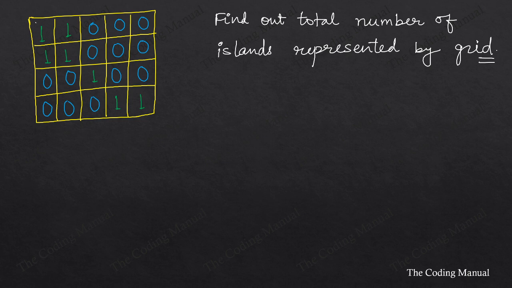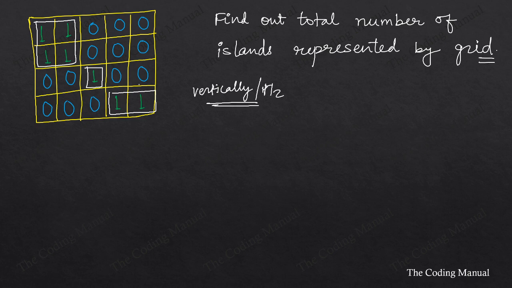When we start, one island is here, one island is here, and another island is here. So adjacent, like it said, vertically or horizontally, lands are connected.